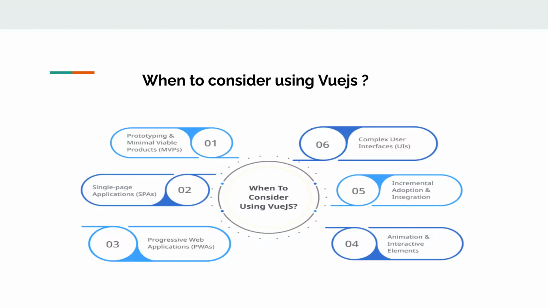The second one is single page applications. I already told you that Vue.js has a component based architecture. It is used to create dynamic interfaces, and it is very simple to create. The third one is progressive web apps. Everybody knows what a progressive web app is.